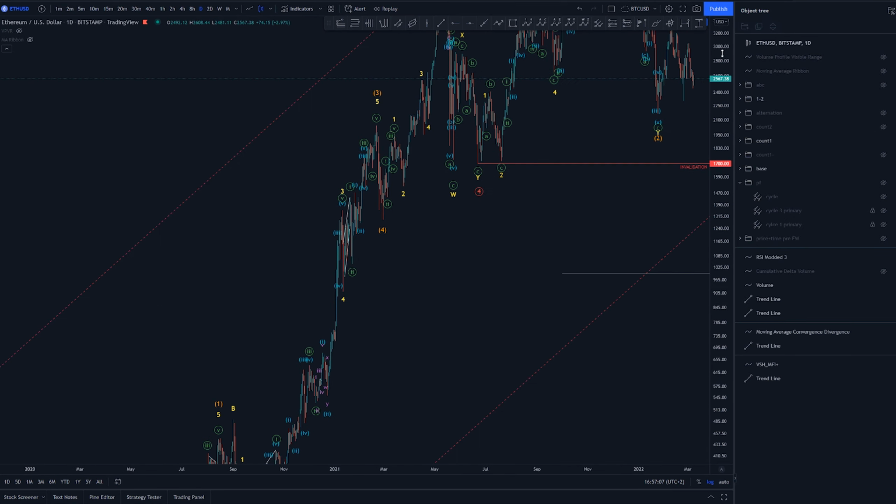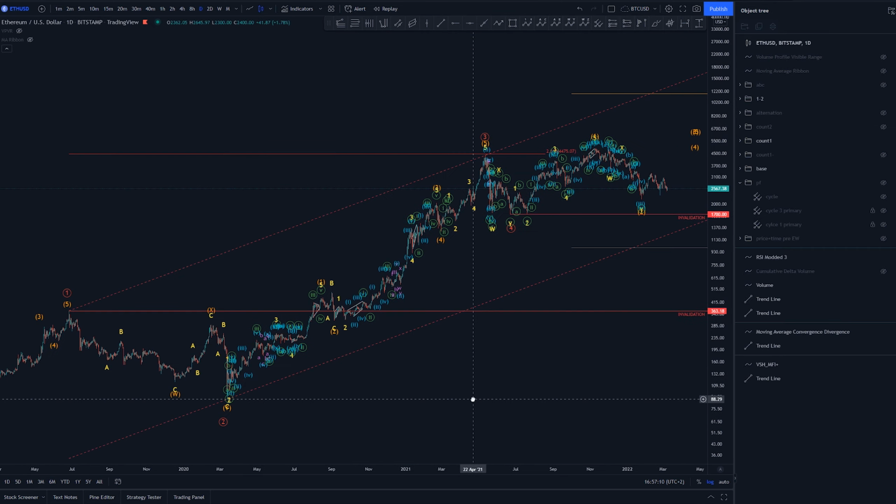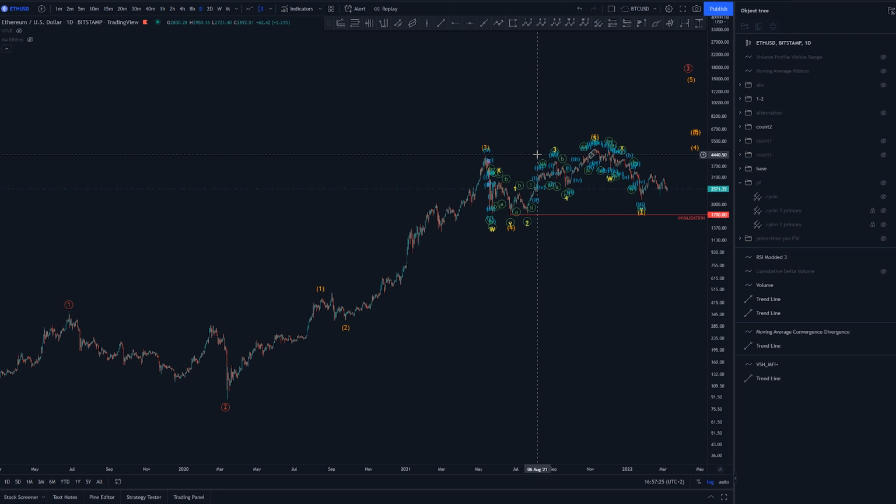Now that is something that I really don't like. There's a WXY here as well, but if these are different wave degrees as mentioned on this count, so this would be 3 and 4, and then we're looking for the intermediary one up here, 2, 3, 4, 5, up to the intermediary 5th.